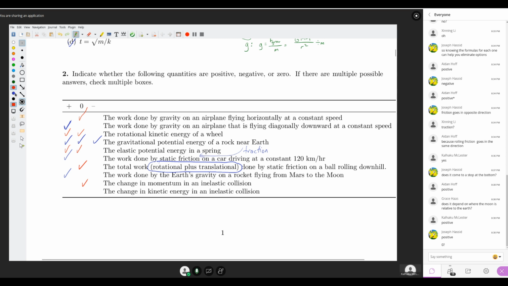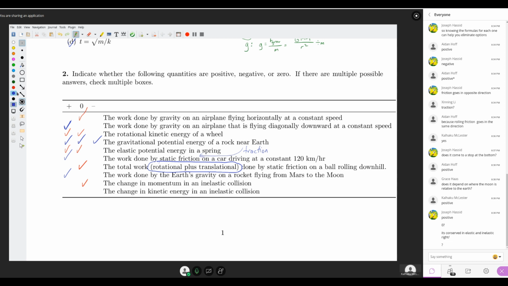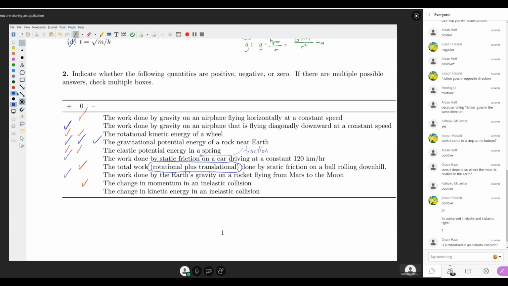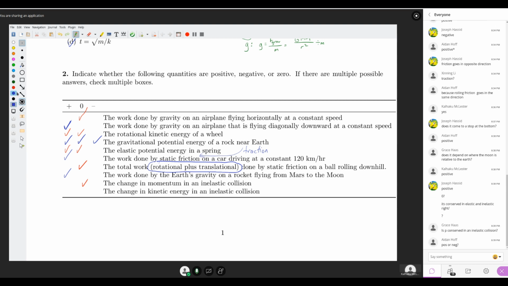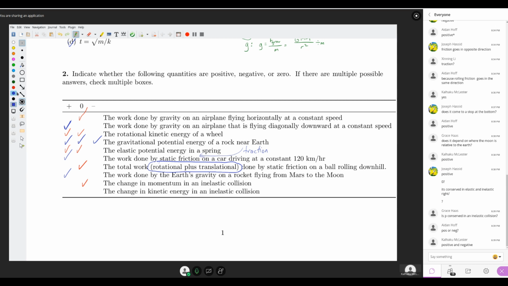What about the change in kinetic energy in an inelastic collision? Does kinetic energy go up, down, or stay the same in an inelastic collision? So, Joseph, momentum is conserved in all collisions. Yes, Grace, momentum is conserved in inelastic collisions.